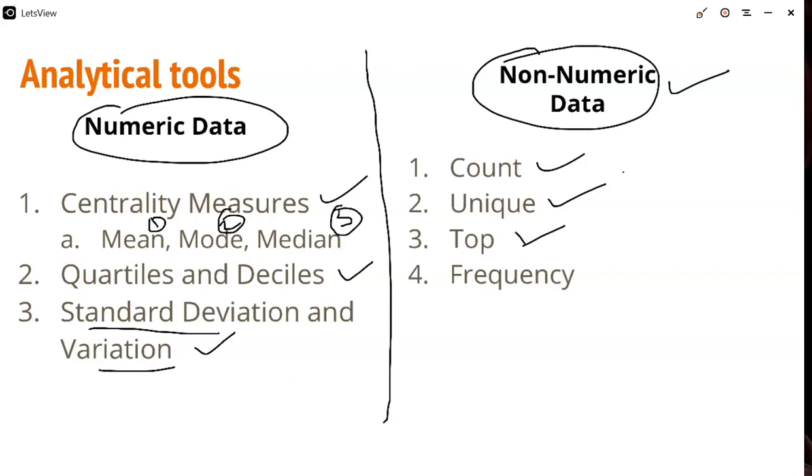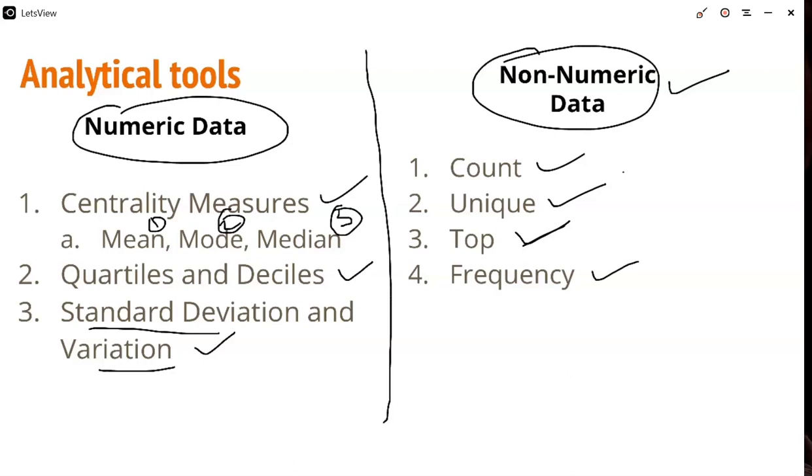The top attribute is again used to describe non-numeric data, and it indicates the value for a non-numeric data variable that occurs the largest number of times in the data set, and frequency is the number that indicates the count for that top value.